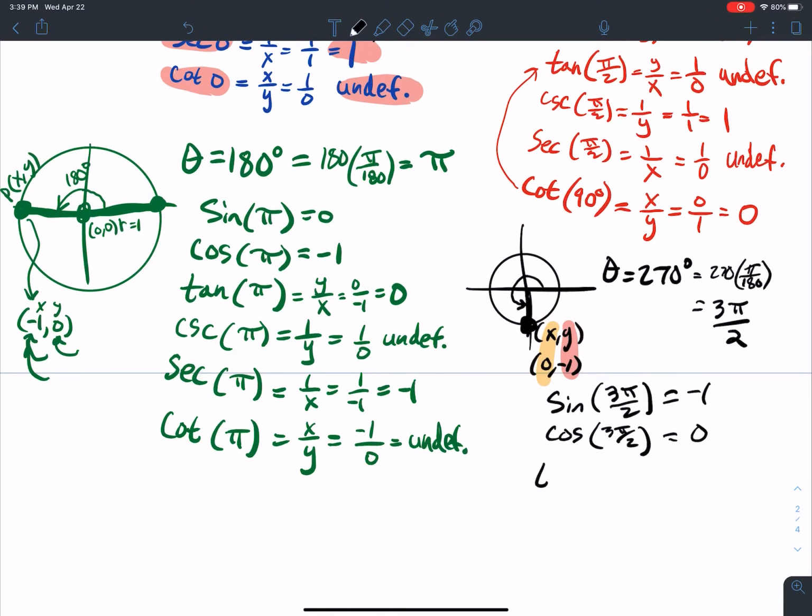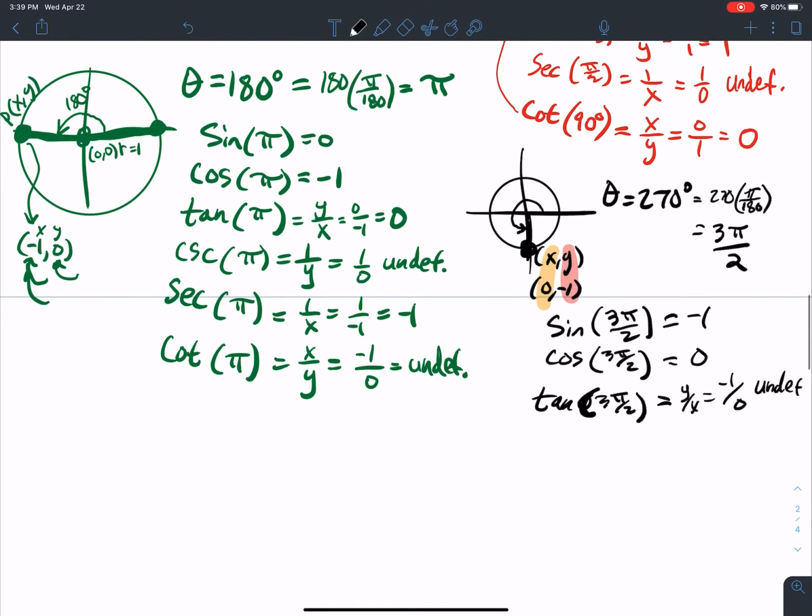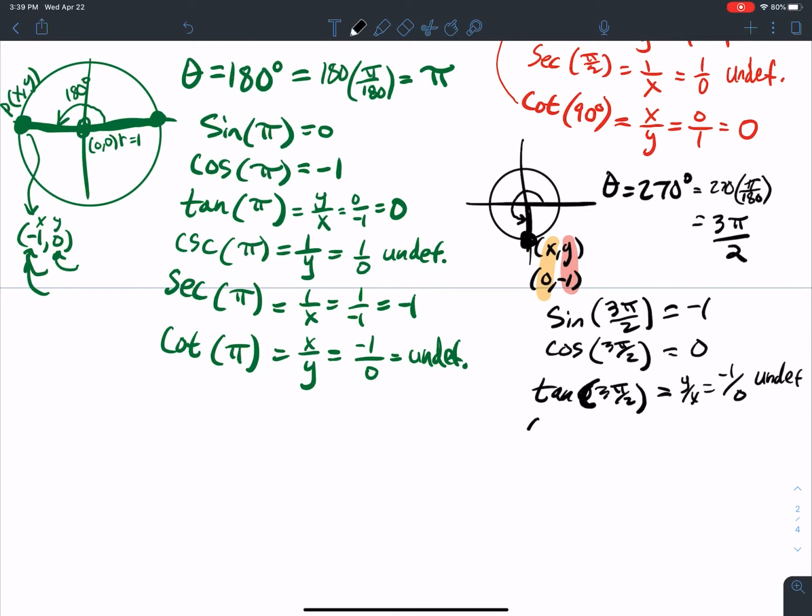Okay, tangent 3 pi over 2. This is equal to y over x, which is -1 over 0. That's undefined. Okay. Cosecant, let's just say 270 degrees. It's okay to swap between those two unless it tells you to use radians or degrees.